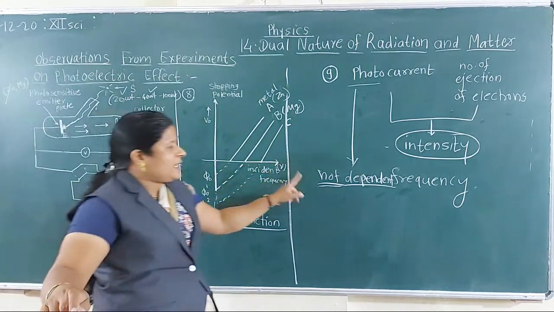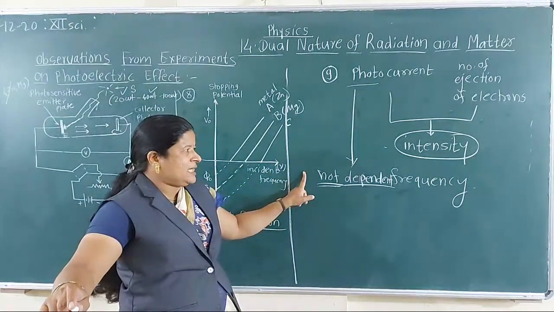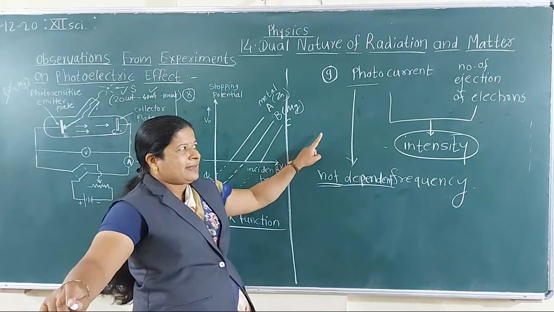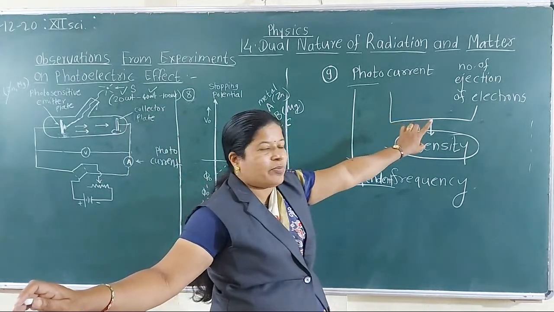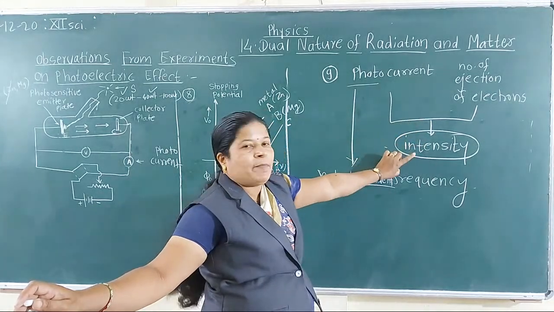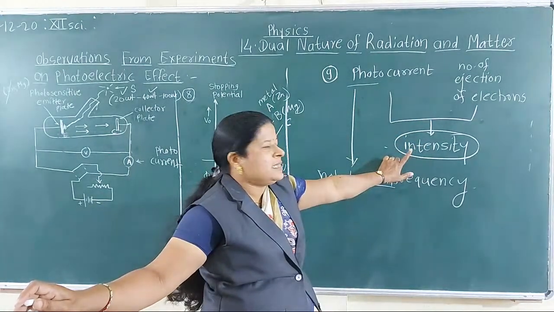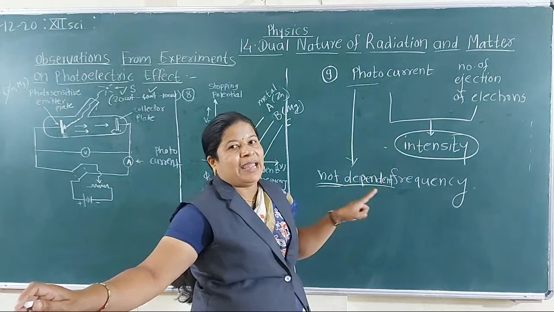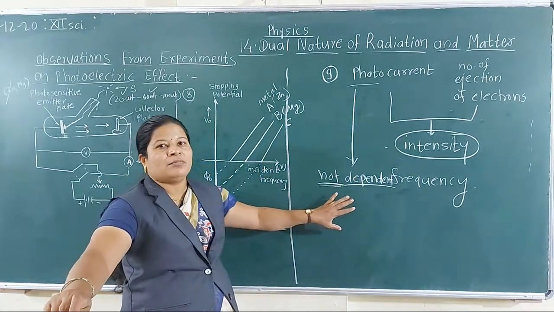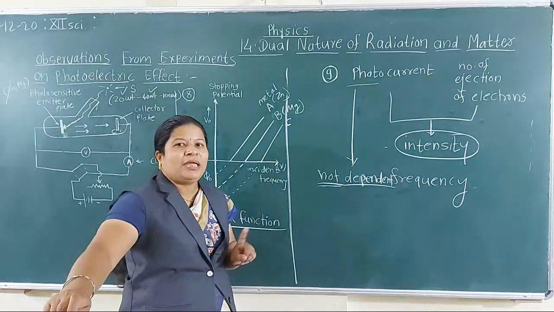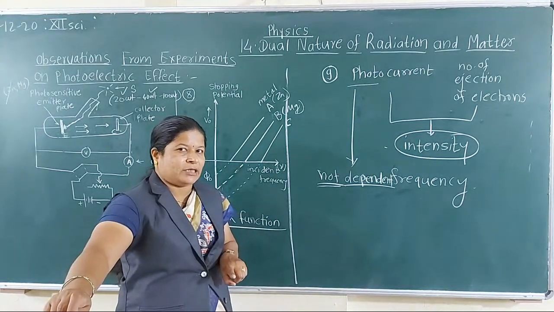So remember this observation: the photoelectric current increases with the number of ejected electrons, and it depends on the intensity of the electromagnetic radiation and does not depend on the frequency of the electromagnetic radiation.